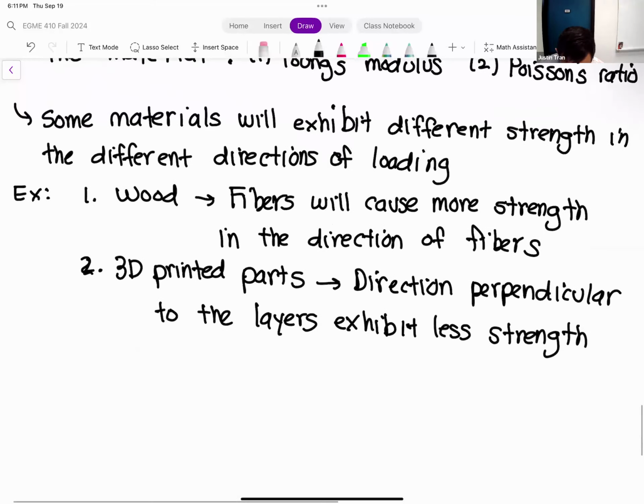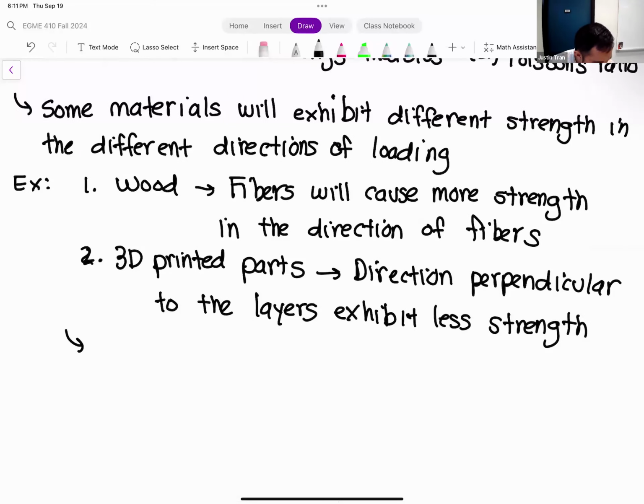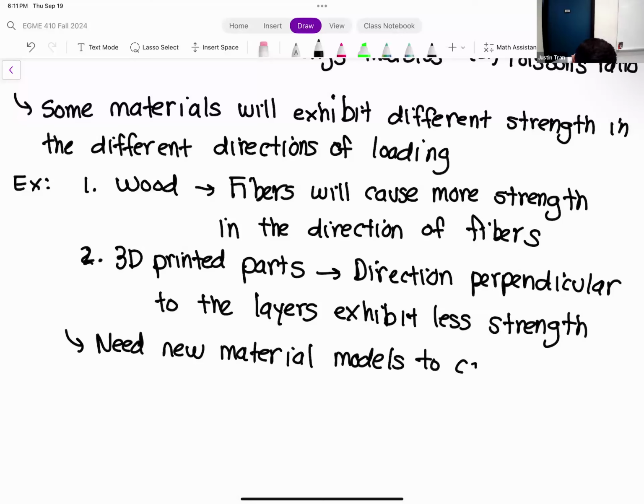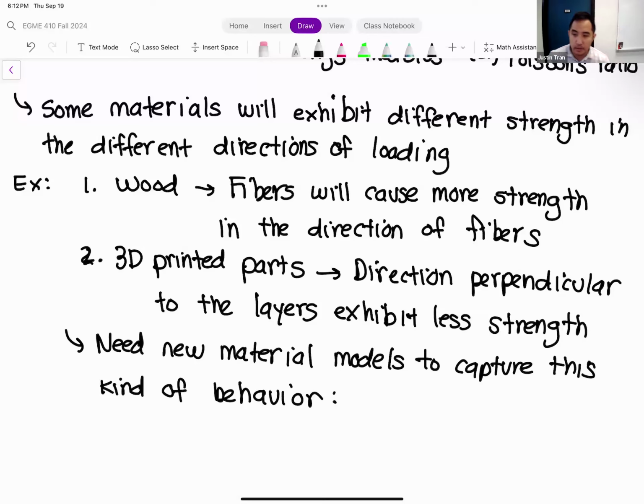And so to capture these, you need new material models. So you need to go beyond the linear elastic isotropic material.